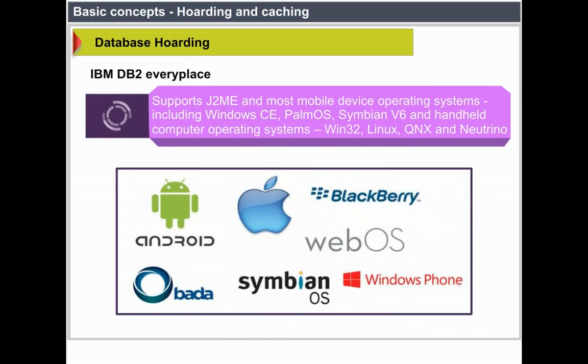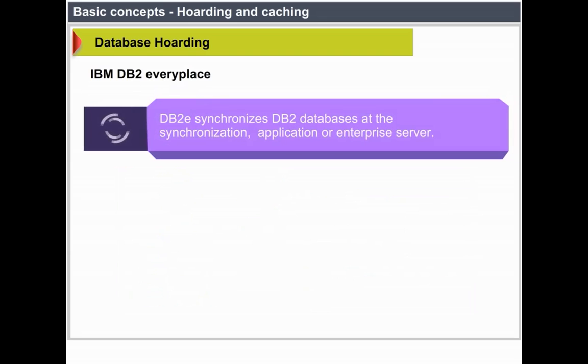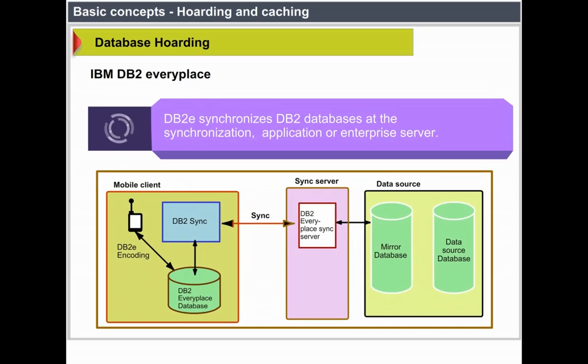It supports J2ME and most mobile device operating systems, including Windows CE, Palm OS, Symbian V6 and handheld computer operating systems Win32, Linux, QNX and Neutrino. DB2E synchronizes with DB2 databases at the synchronization application or enterprise server.